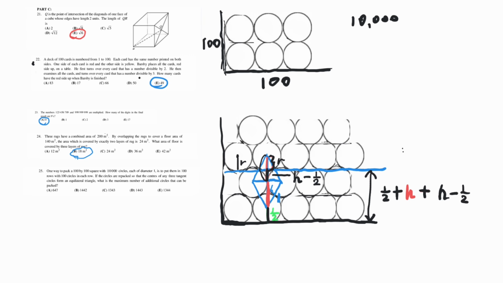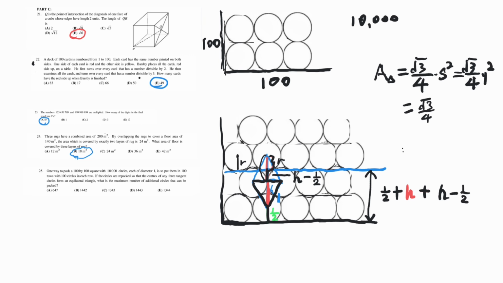Now we'll try to get the height. We use the formula: the equilateral triangle area equals √3/4 times side length squared. The side length is 1, so the area is √3/4.